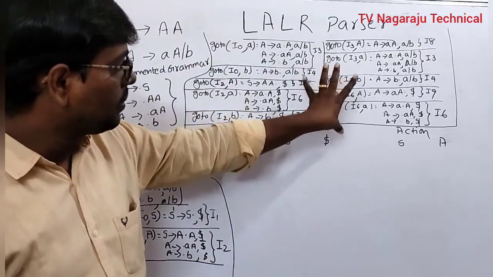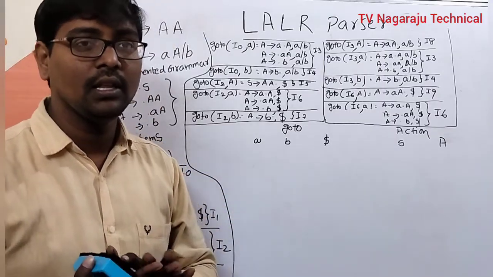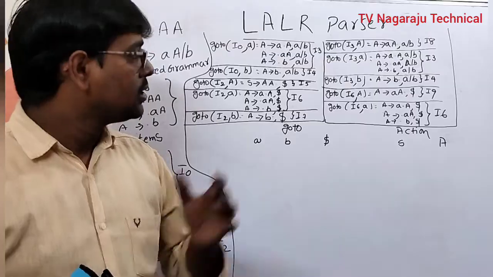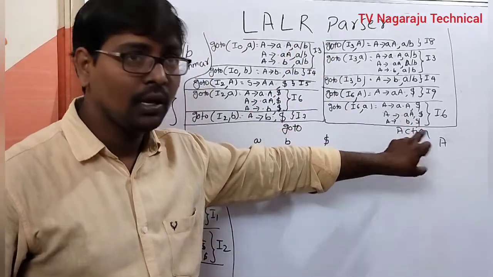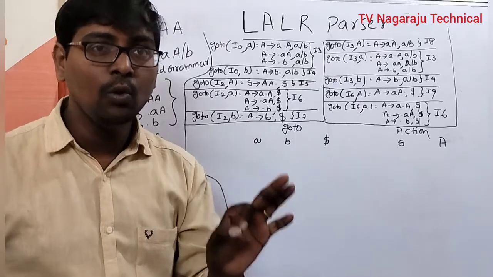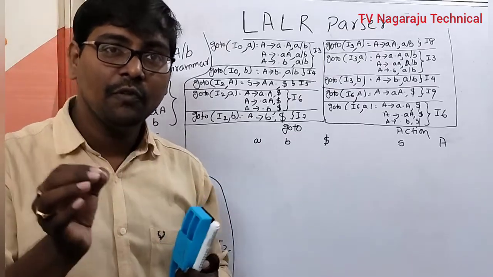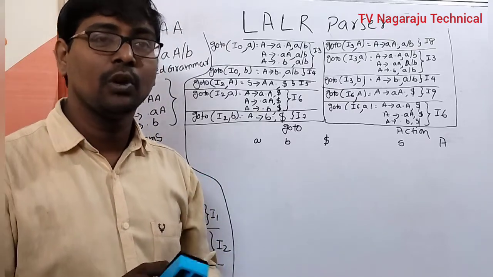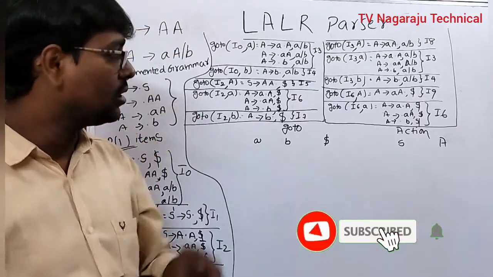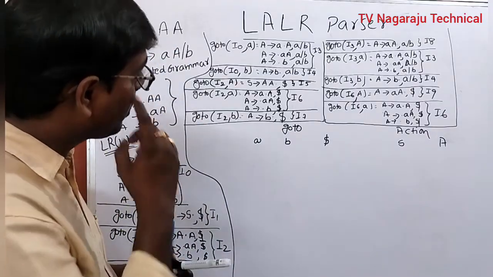The procedure is completely the same, but in the process of constructing the parsing table, suppose any two states have the same production but different look ahead symbols. Then we combine these two productions into a single production.